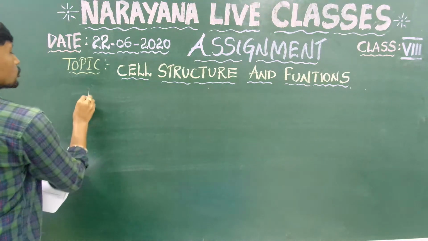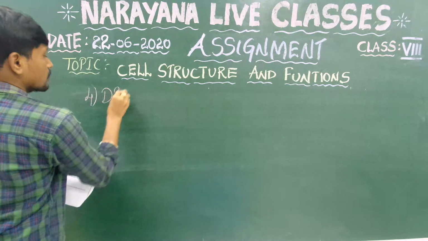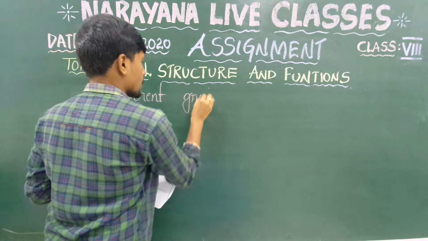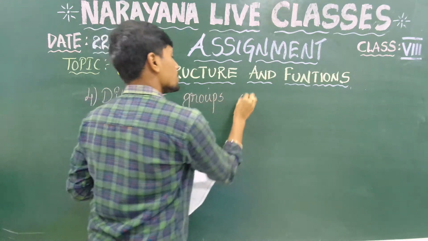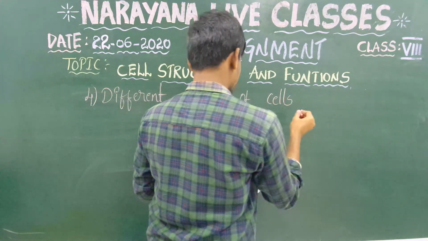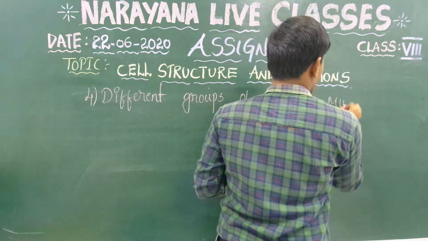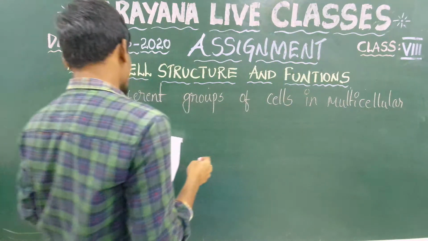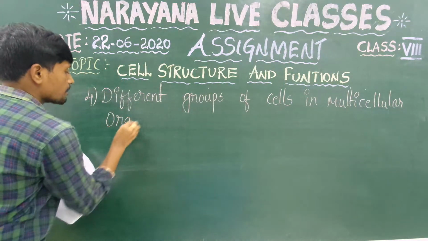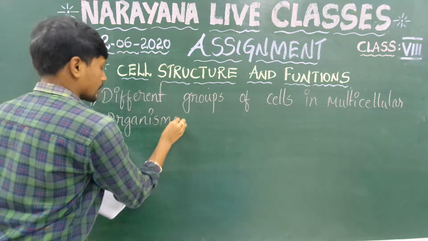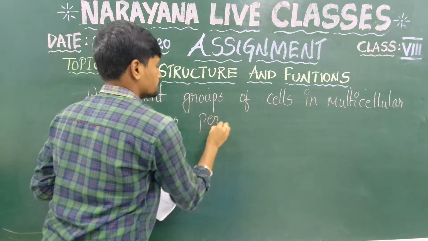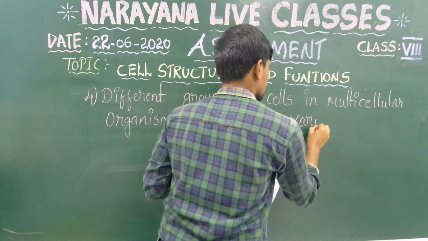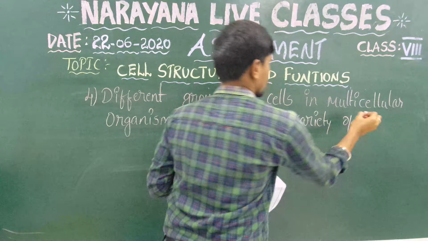And the fourth question. Different groups of cells in a multicellular organism perform a variety of dash.